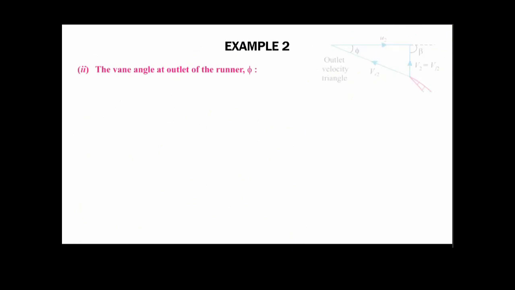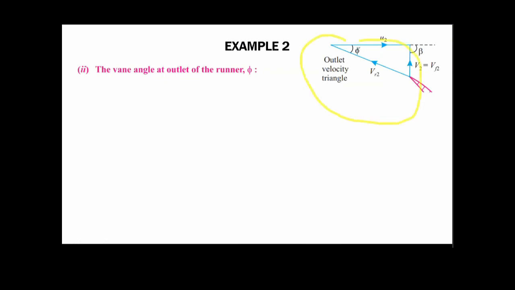Before we calculate the hydraulic efficiency, we're supposed to calculate the vane angle at the outlet first. In order to calculate the vane angle at the outlet, we have this velocity triangle at the outlet as our reference.